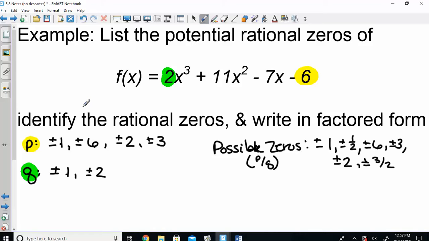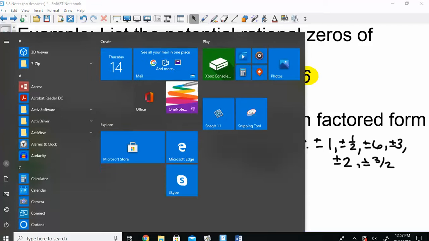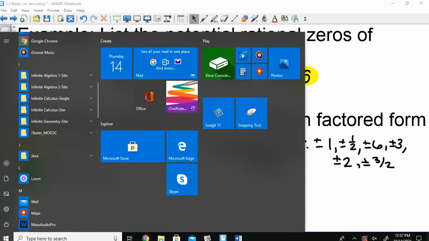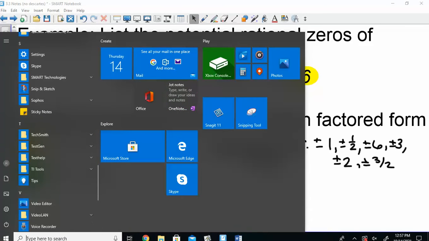Now there are different ways to find that number that works. We know that if it's a 0, when you plug it in, what should you get out? 0. So you can just start plugging these numbers into your function until you find one that equals 0. That can be time consuming, but it will narrow it down for us. Another option, we have a graphing calculator.